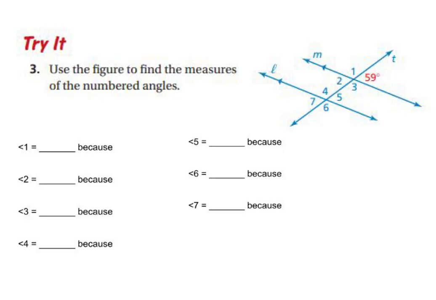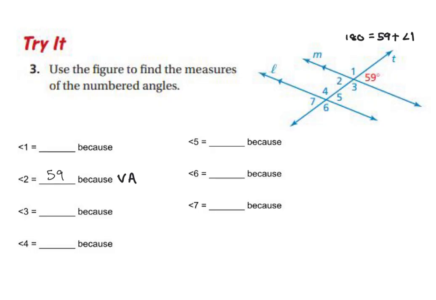So we know that the first angle in red is 59 degrees. So angle 2 is also going to be 59 degrees because of vertical angles. Angle 1 will be 180 equals 59 plus angle 1.